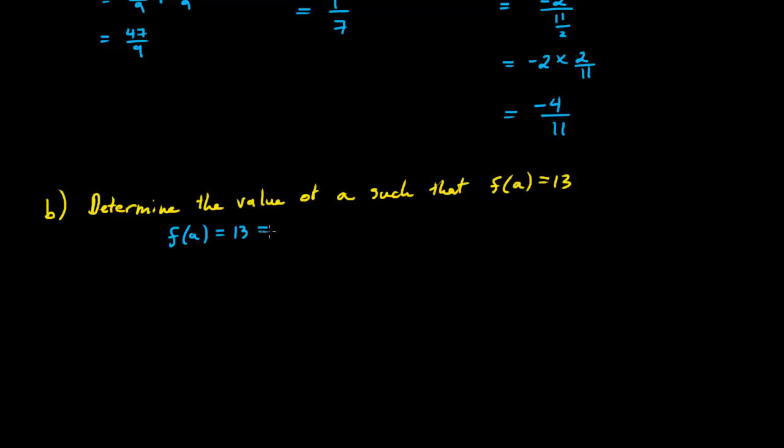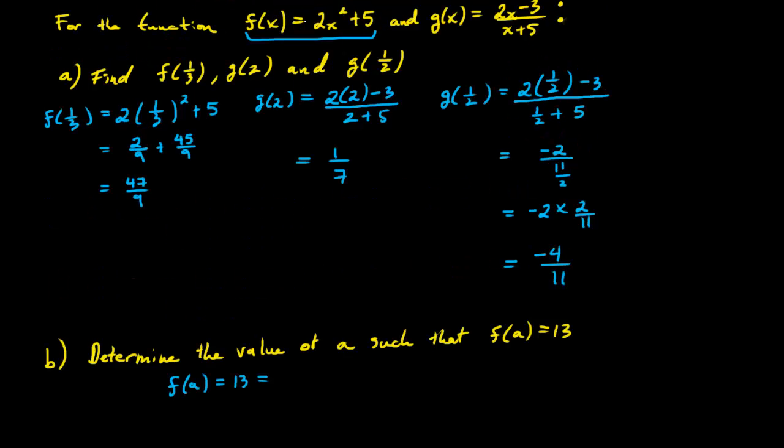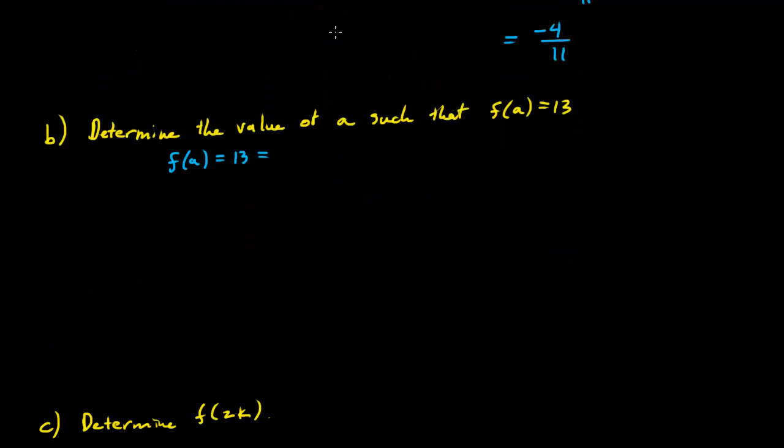And that is equivalent to, if we go up to what the algebraic expression for f of x actually is, it's 2x squared plus 5. So we want to say that f of a is equal to 13, which is equal to, I'm subbing in a for x when I do this.